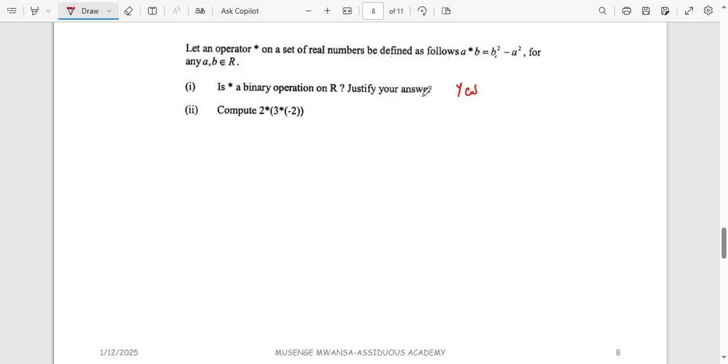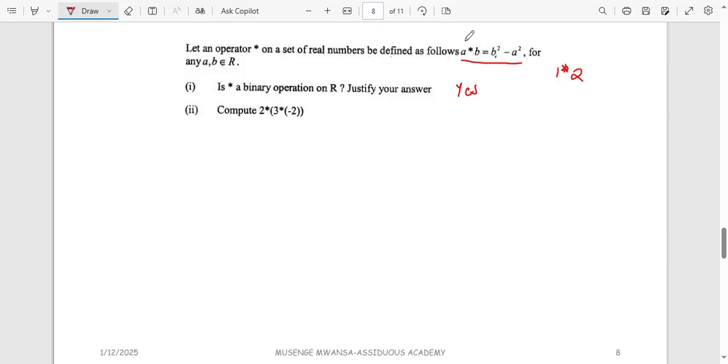The way you justify your answer is to say yes and then continue: if we get any two real numbers, the result after performing the operation star is always a real number. For example, let's say 1 star 2.